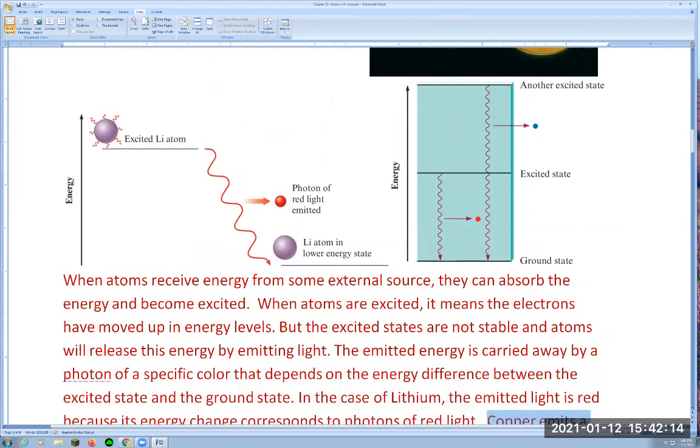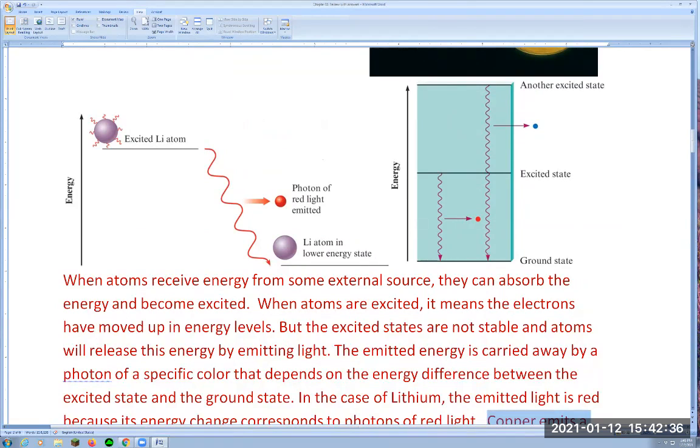If you see this diagram on the right, for example, a copper atom would have, so be aware that between lithium and copper, the energy values will be different. For every atom, the energy values that are allowed are different for each of them.